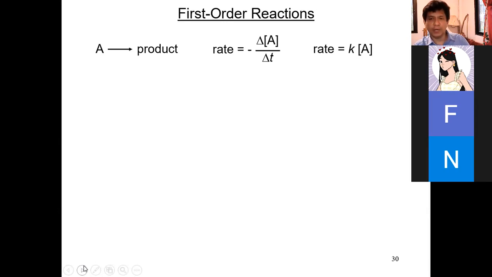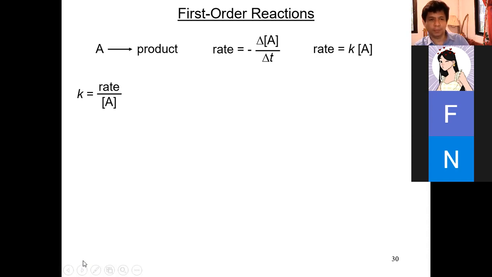Kasi nga first order tayo, the rate is equal to K times the concentration of A. Question? So far, ito yung ating reaction, ito yung ating rate law: rate is equal to K, the rate constant, times the concentration of A.